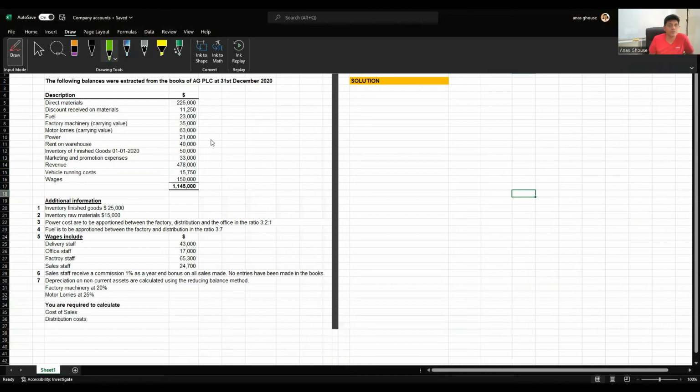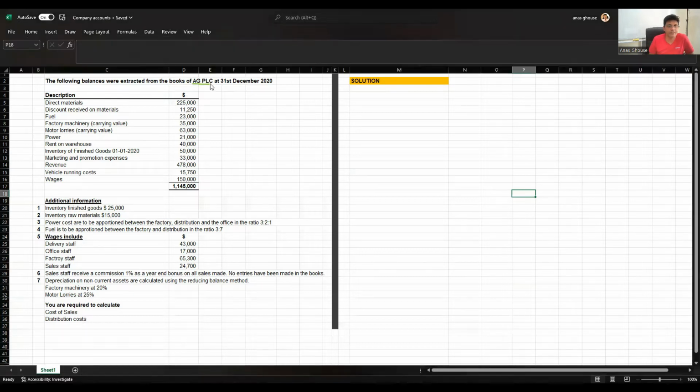Now let's move on to this particular question. The following balances were extracted from the books of AGPLC at 31st December 2020. You are given the descriptions: direct materials, discount received on materials, fuel cost, factory machinery carrying value.